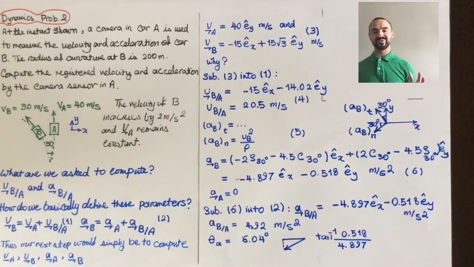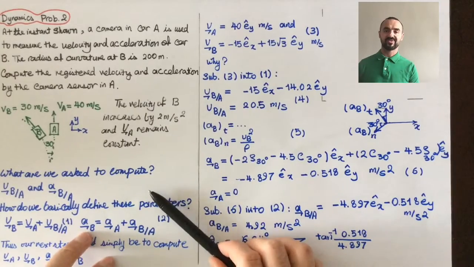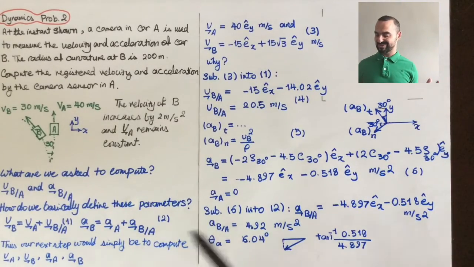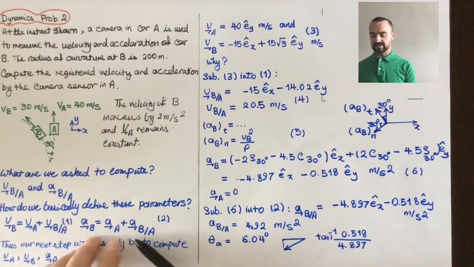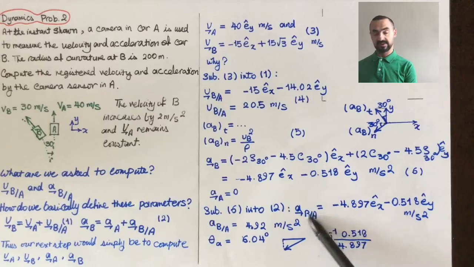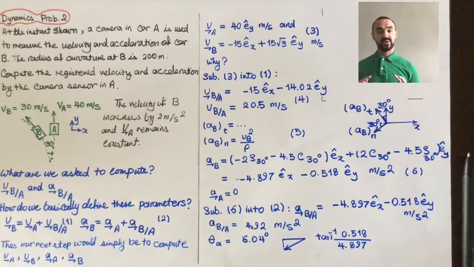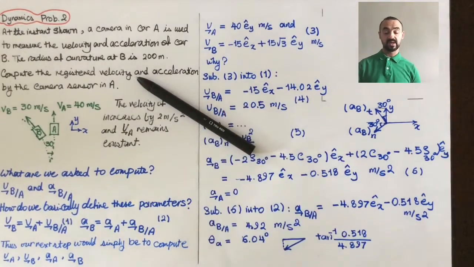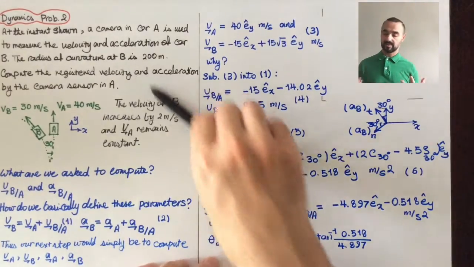Now that I have both accelerations, a sub A for car A and a sub B for car B, all I need to do is substitute them in equation 2, add them together or subtract them from each other to find a of B with respect to A. Once you do that, you'll find out that this is your total acceleration of B with respect to A. Again, back to the original question, we set up this camera in our car A, and then we record the velocity and acceleration of car B, and that's what we're looking for.